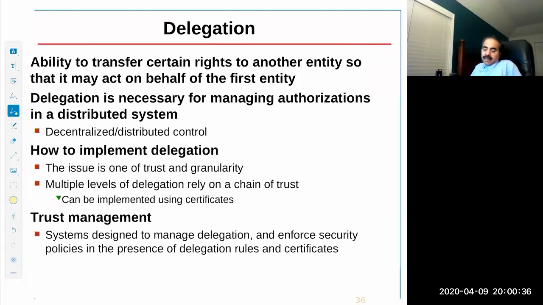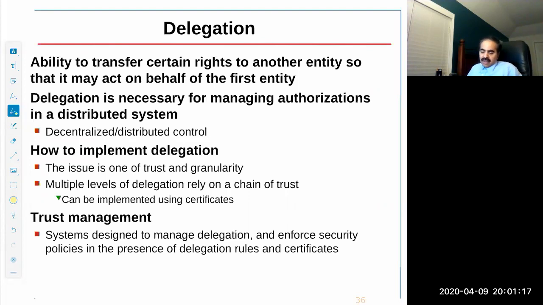Delegation can be implemented using public keys and so on. Essentially, the idea is that if you want to give certain permission to a delegate, you can create that permission and sign it using your private key, so that somebody who has to verify whether you have truly delegated that permission can do so, because they have your signature on the document that says the access has been given.